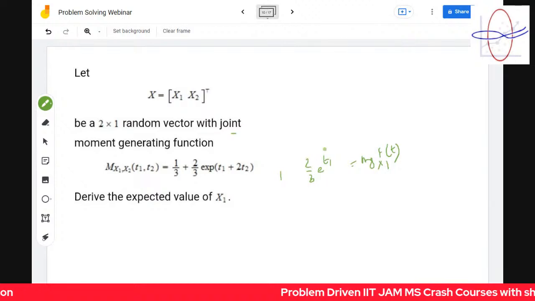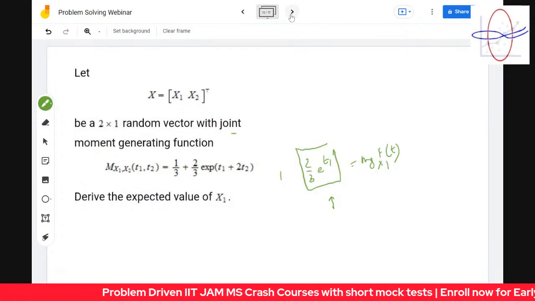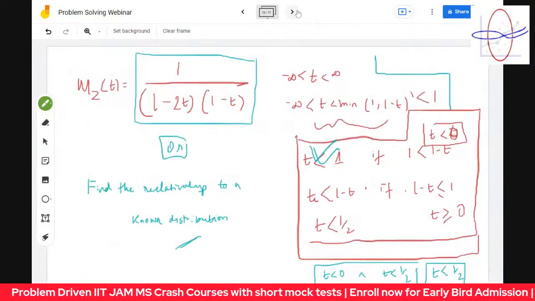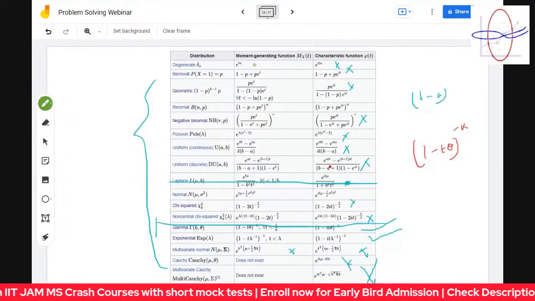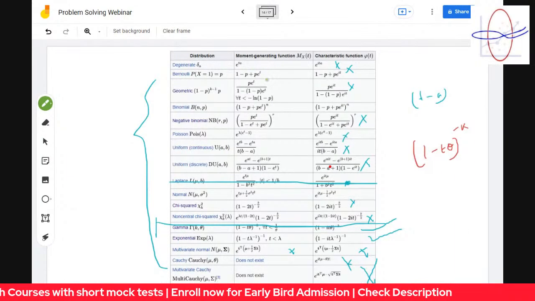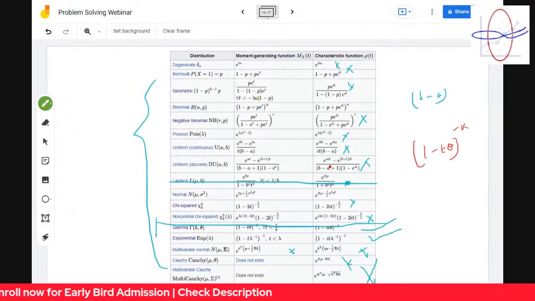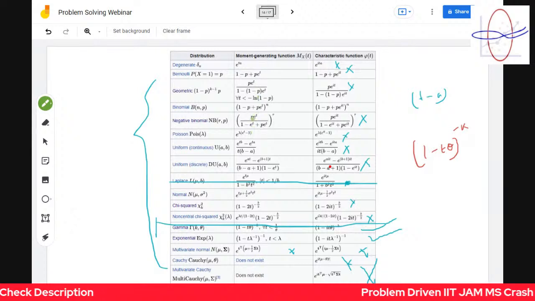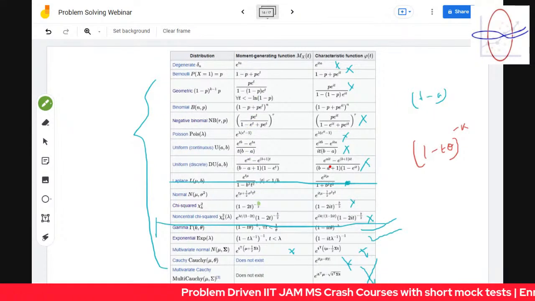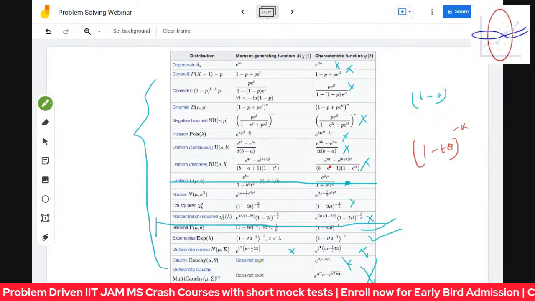And from that maybe you can find out some general form, how it looks like. With any known quantity it looks like 2 by 3 into the power t, some constant into the power t.